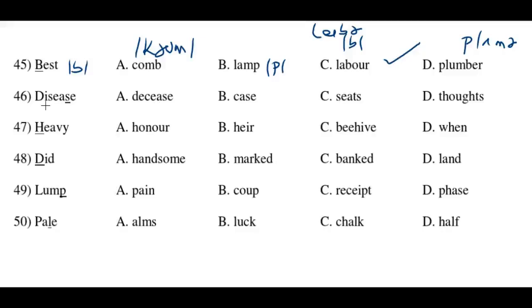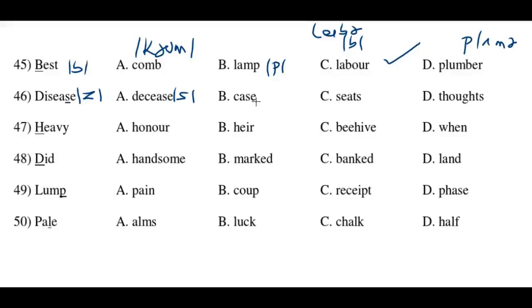Then we have disease. So the underlying consonant is Z, disease. So option A, we have disease, outright S. Option B, case.